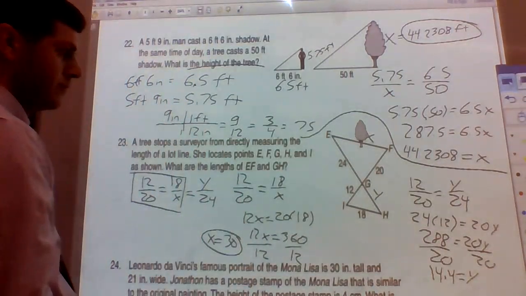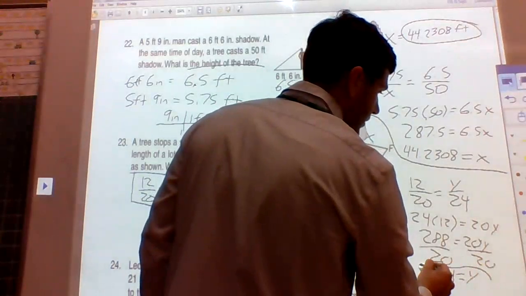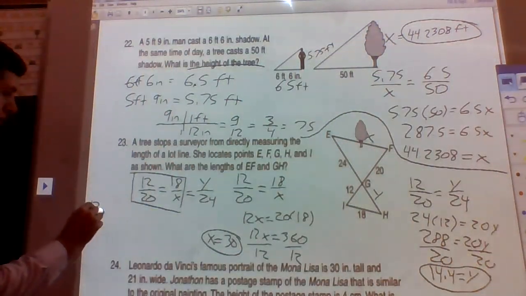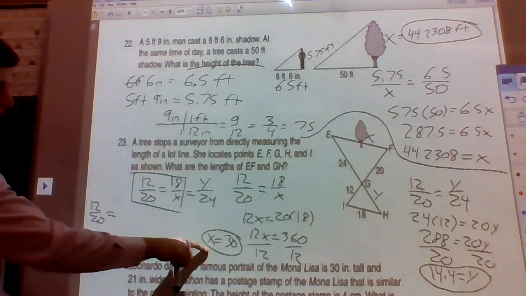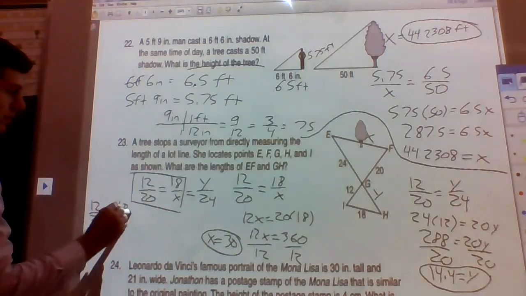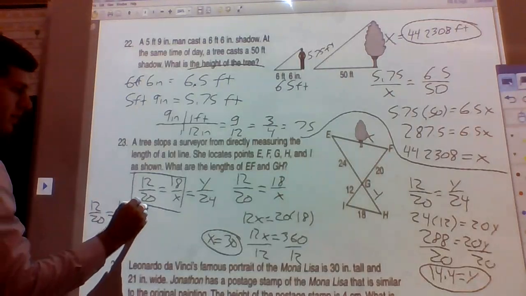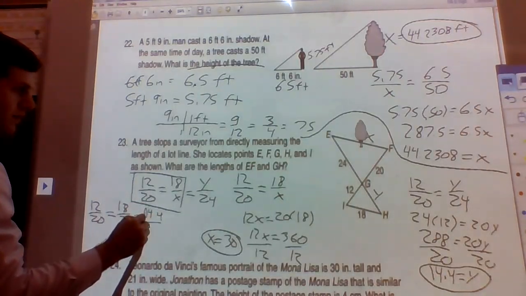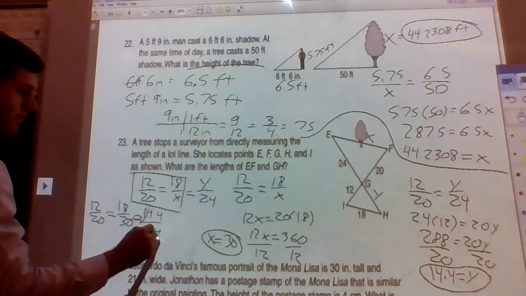So, 14.4. Okay, we can plug it in to make sure it works. So 12 over 20, 18 over 30, and 14.4 over 24.